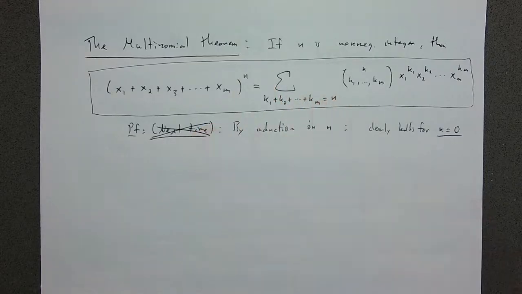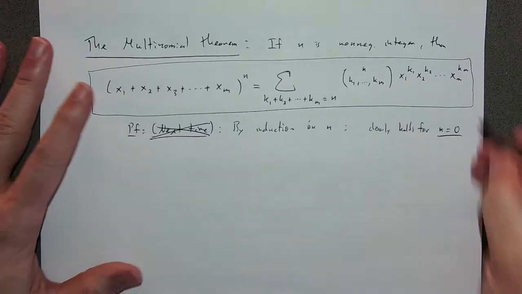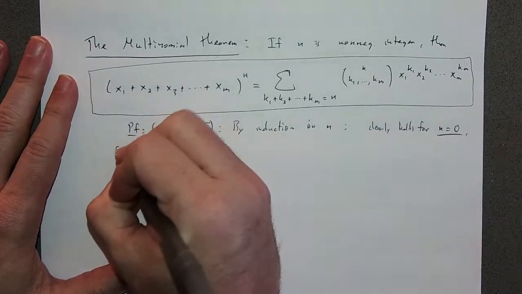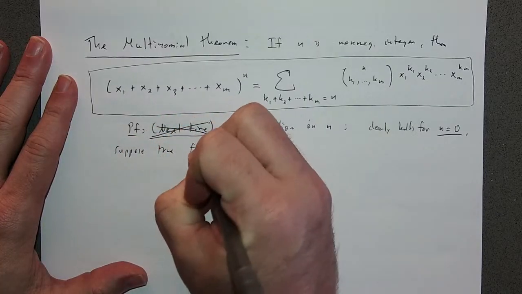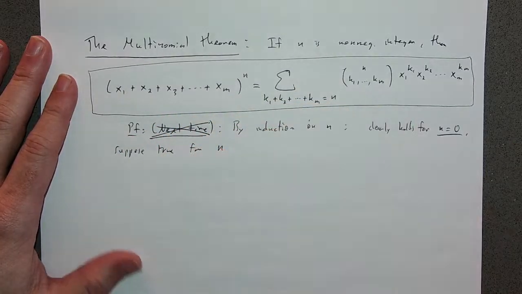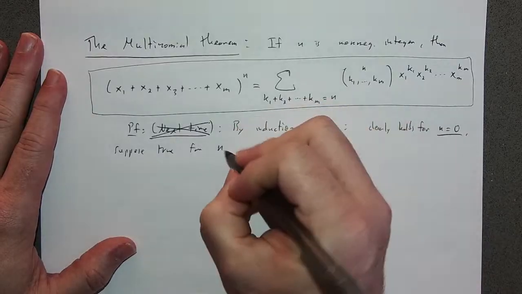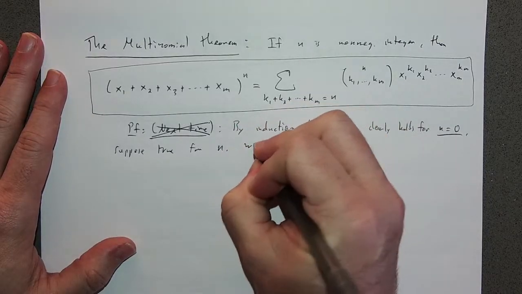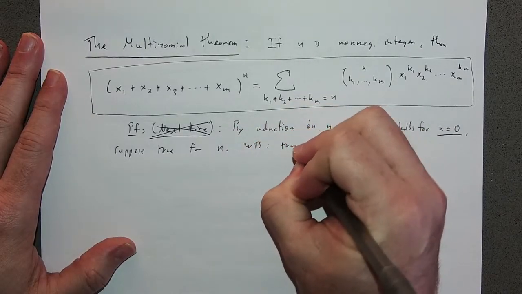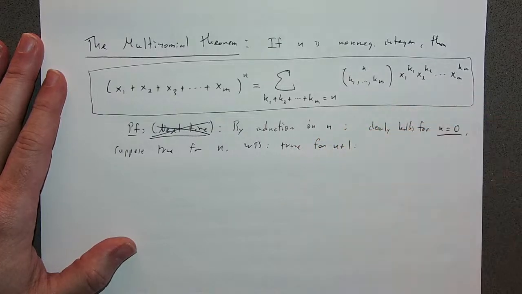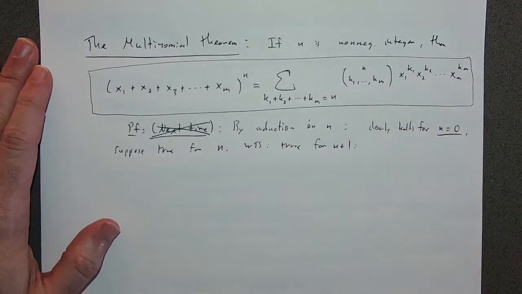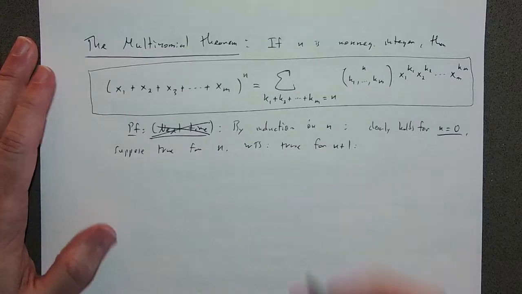But nevertheless, the left-hand side and right-hand side are equal when n is equal to 0. So that's our base case. Suppose that it is true for some generic n, and we want to show that it is true for n plus 1. This is our most basic form of induction here.